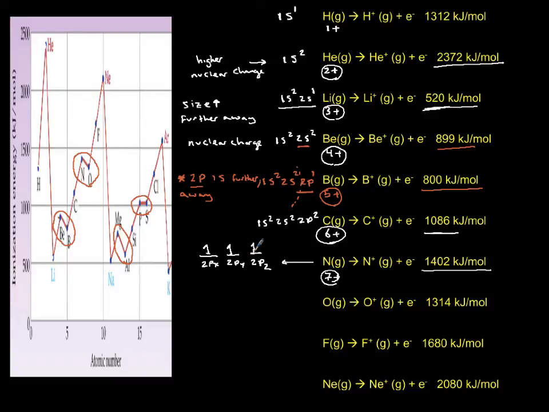Now, if you look at oxygen, which has 8 protons, it should have higher nuclear charge and a higher value, but it doesn't. It actually decreases. If we do its electron configuration, remember it's 1s2, 2s2, 2p4. Let's dissect this and see what's coming. So I have 3 degenerate orbitals, 2px, 2py, 2pz, 1, 2, 3.